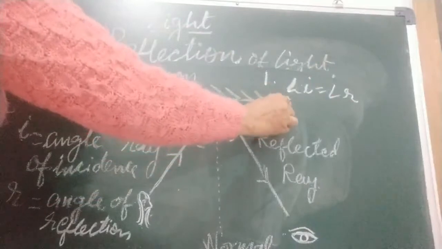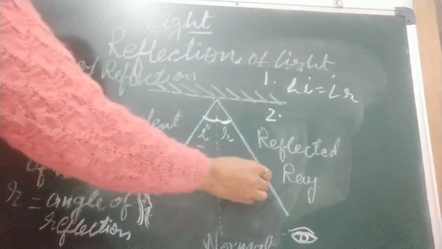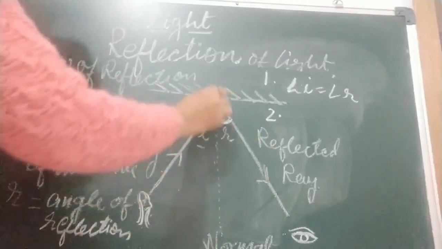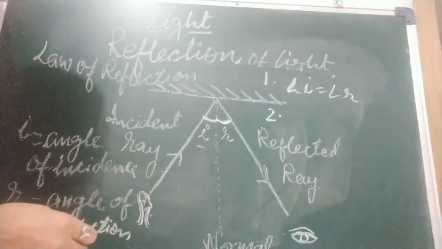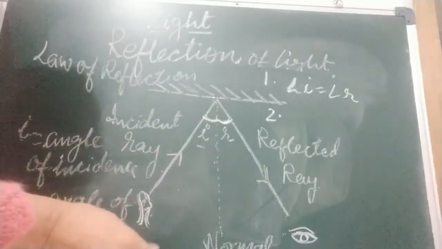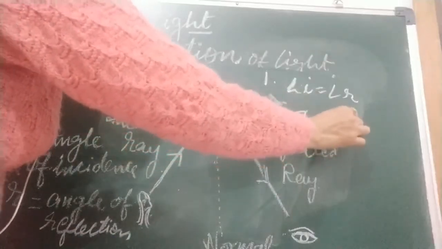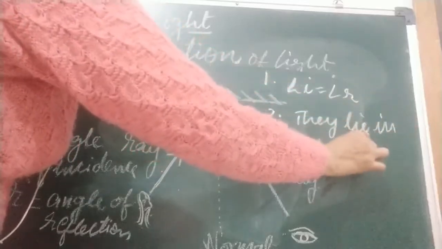Second law: the incident ray, the reflected ray and the normal lie in the same plane.